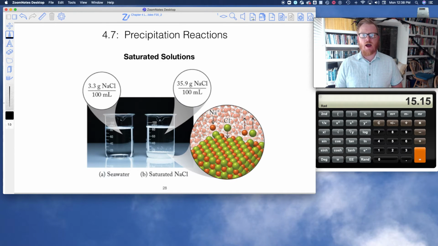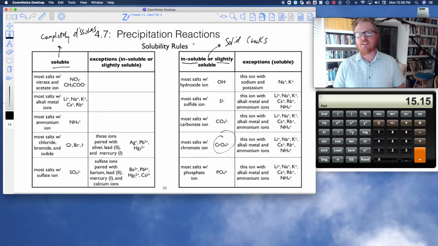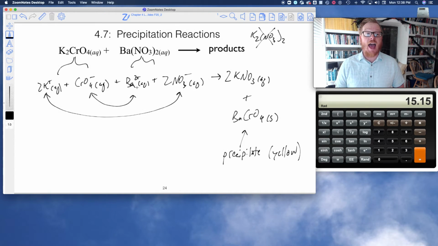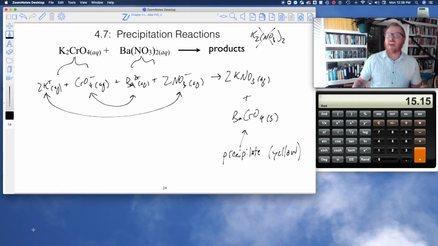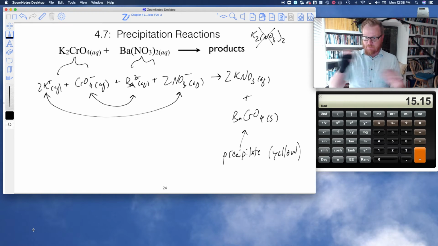So, just reiterating, this is the important thing. What's going on is being able to use this solubility chart as well as being comfortable breaking up these compounds into their respective ions and then forming new compounds by doing that double displacement, by exchanging cation and anion.